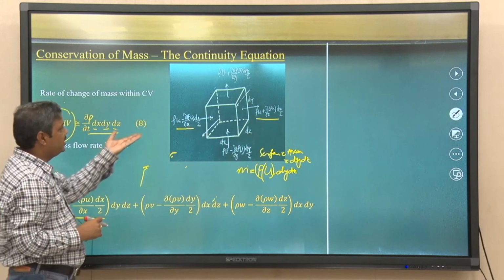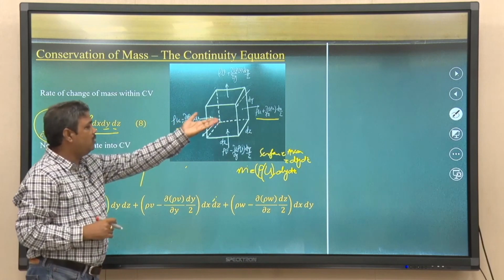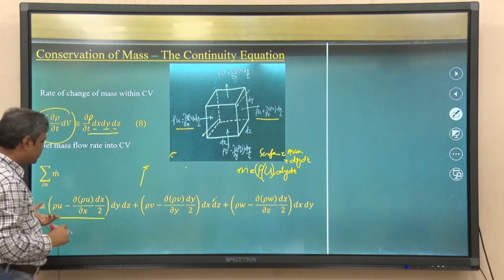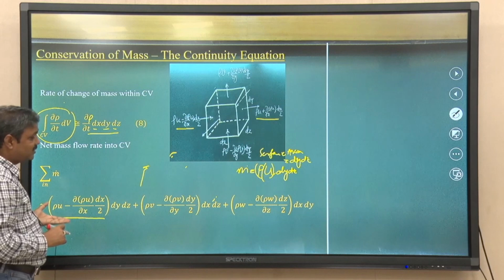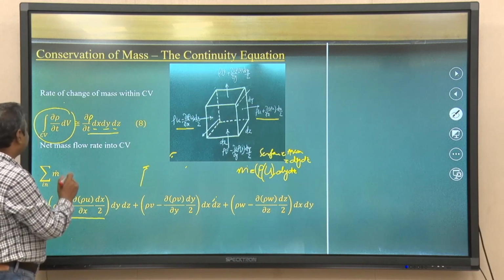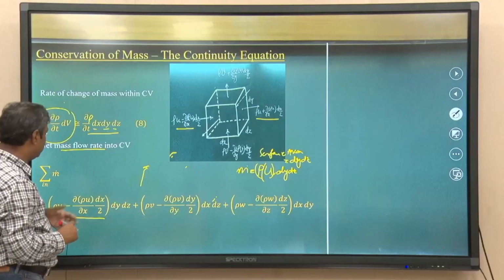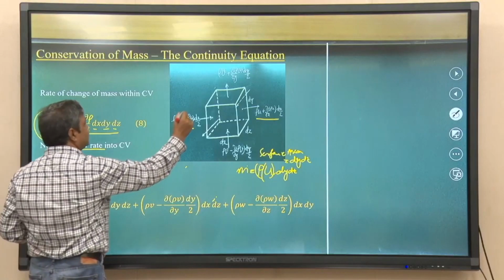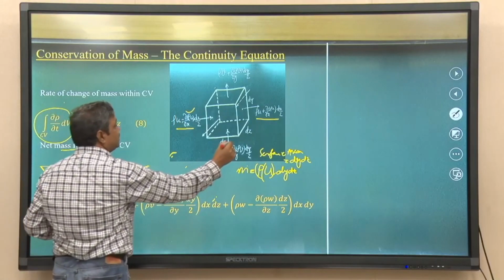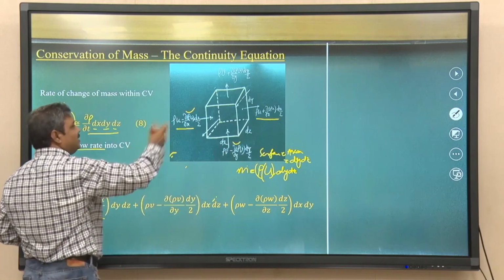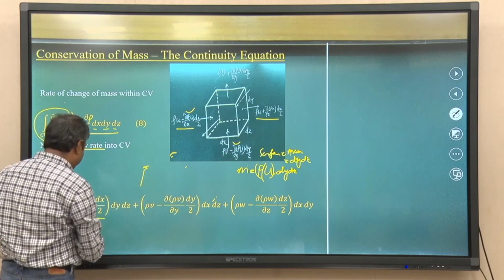So, we know the inflow mass and also the outflux mass, which is presented here. Now, look at the net mass flow rate into the control volume, how much mass flux is coming in, which is this component, as well as in the z direction.